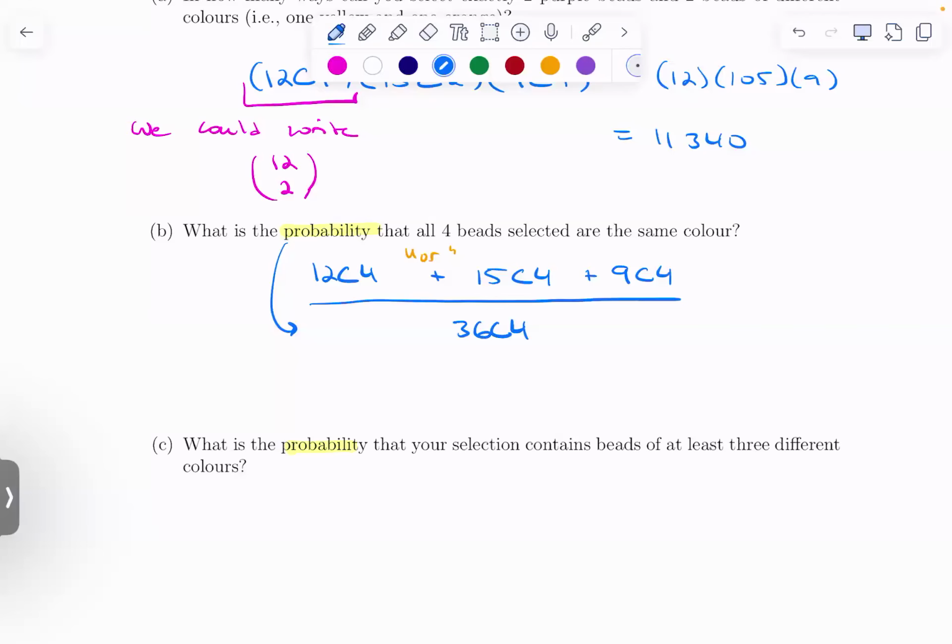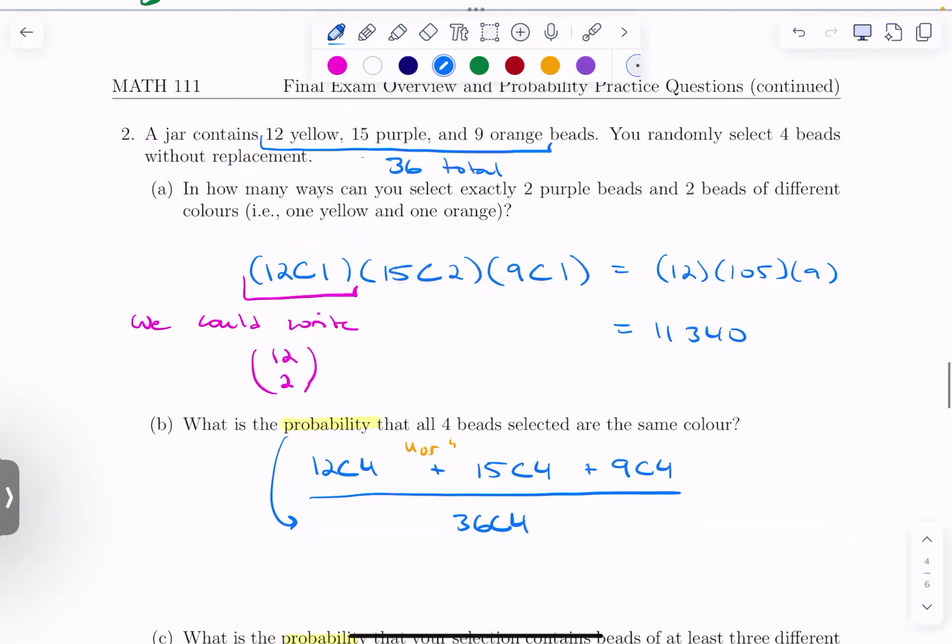That's the only change, like I pointed out, for the probability versus just how many ways this can happen. It's funny because once you learn the probability, that's going to be your go-to. The idea is that in how many ways is supposed to be a little bit easier, but not when we're used to doing the probability.